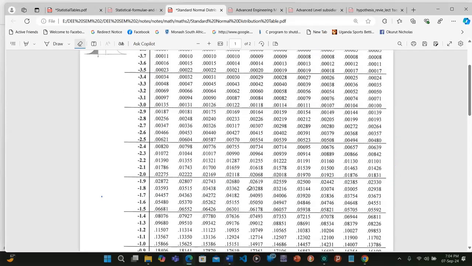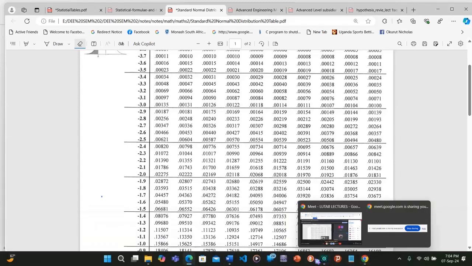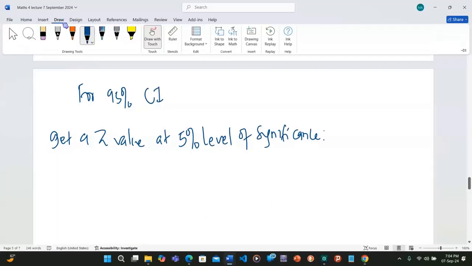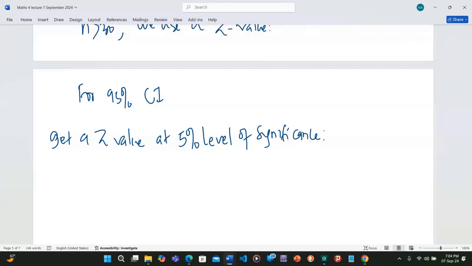Now, let's first draw the normal distribution curve. The curve will be like this. So this 95% level of confidence will be between a value of 2.5% and a value of 2.5%.